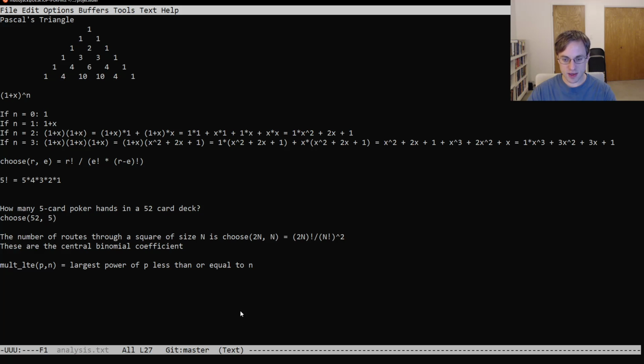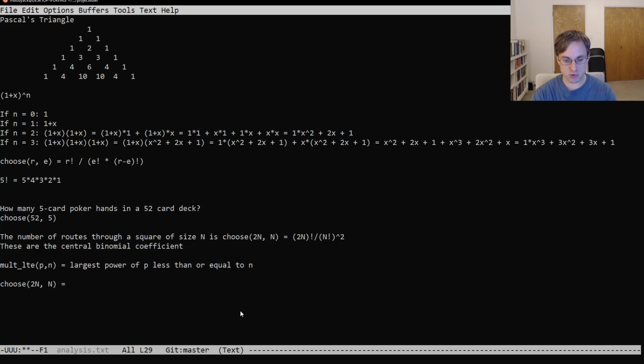Okay, so before we get into how we can evaluate this, I just want to make it a little bit more clear how we're going to use this to calculate our solution. And so I'm going to write out here this function, choose 2n comma n.